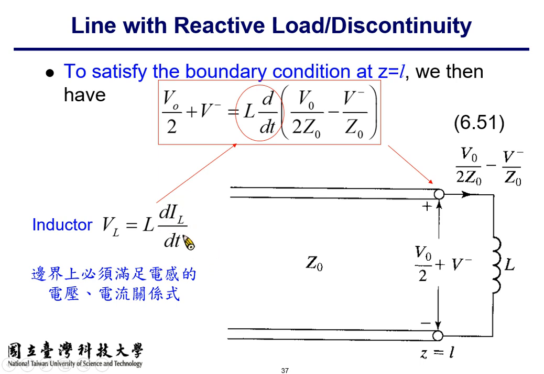That is, L times dIL over dt equals V sub L. So we substitute the total voltage over here as VL, and the total current is substituted into this small parenthesis as IL.